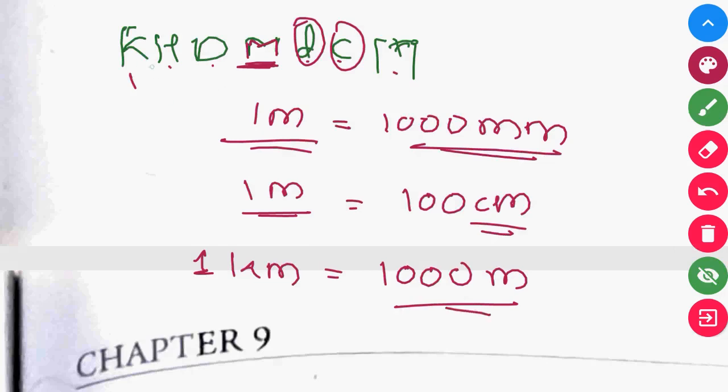We want 1 kilometer is equal to how many centimeter? So 1 kilometer is equal to 1, 2, 3, 4, 5 zeros. So 1 kilometer is equal to 1 lakh centimeter. Okay, understood? So like this you can convert by remembering this formula.